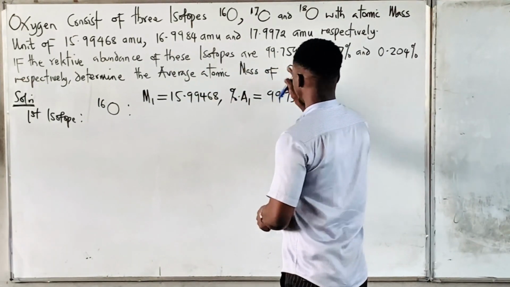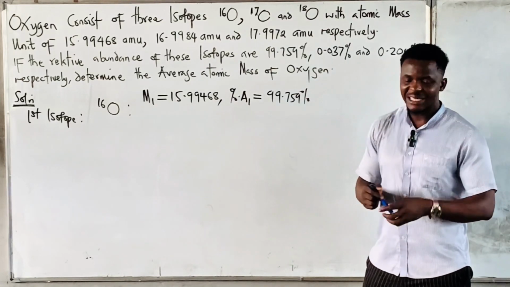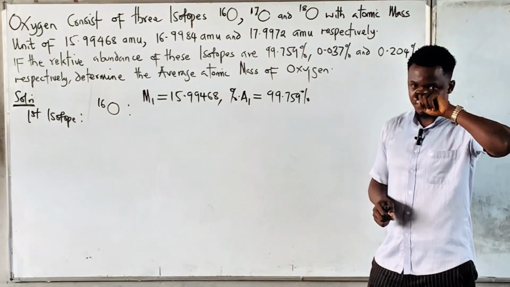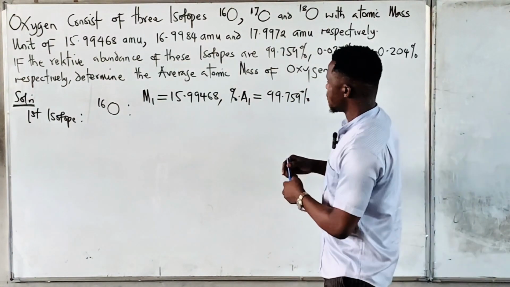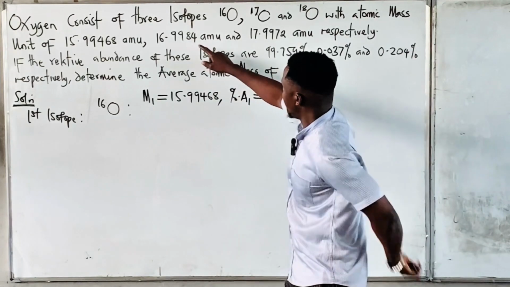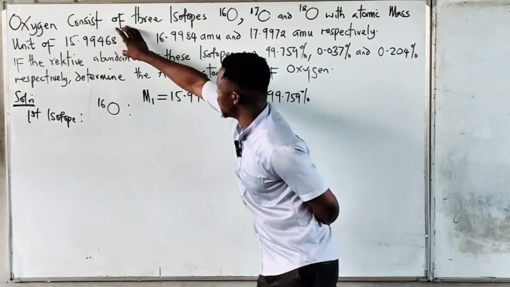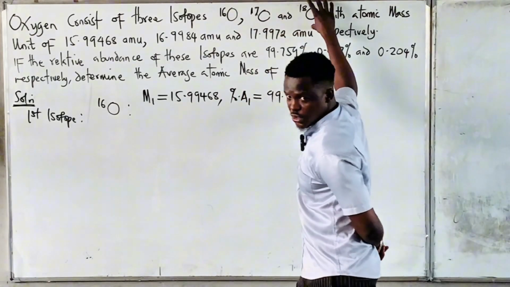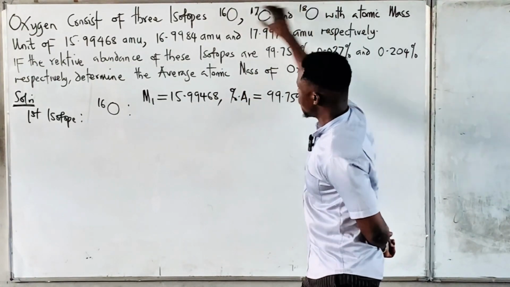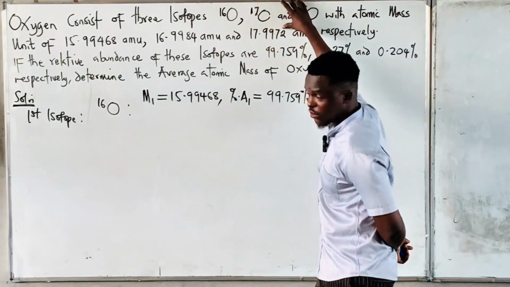I believe you understand what this respectively means, right? It means these values are according to each, as they appear. The first one is for the first one, the second one is for the second one.